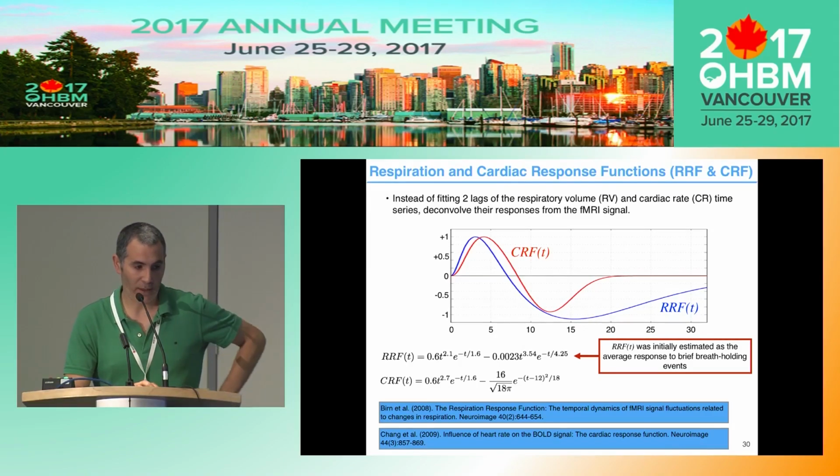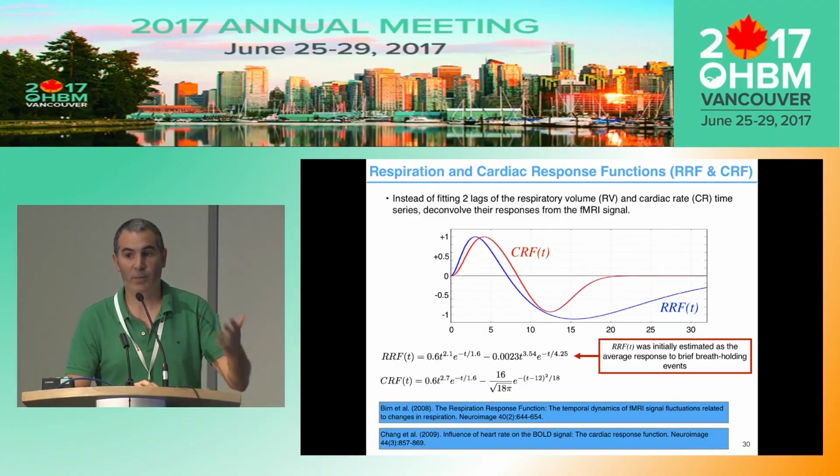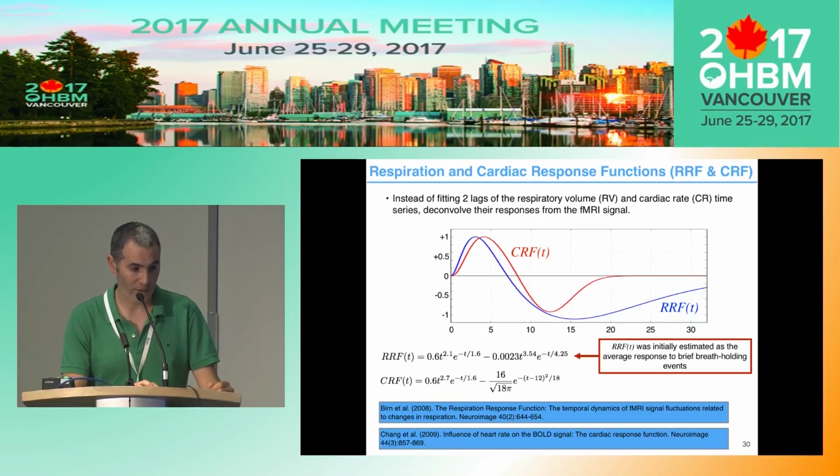So Rasmus Birn and Catie Chang had a very clever idea, which was to identify the respiratory response function and the cardiac response function, that are the response of the brain to the respiratory volume time series and the cardiac rate time series.